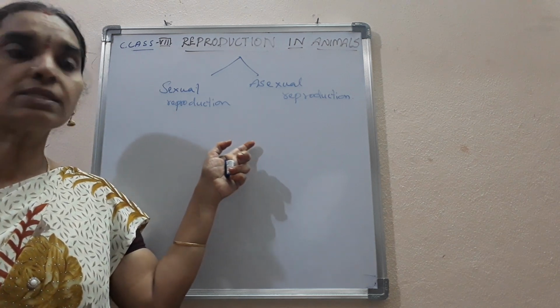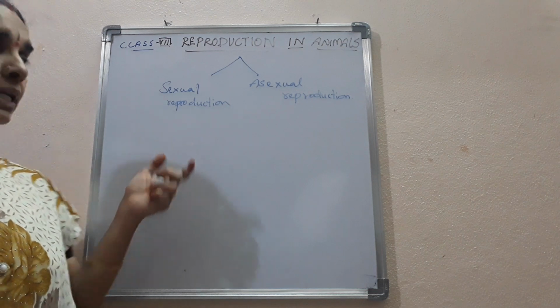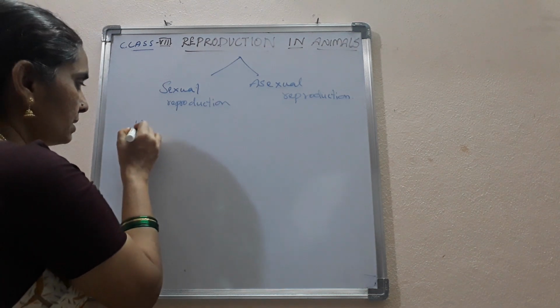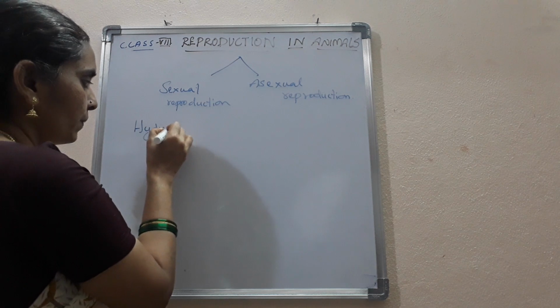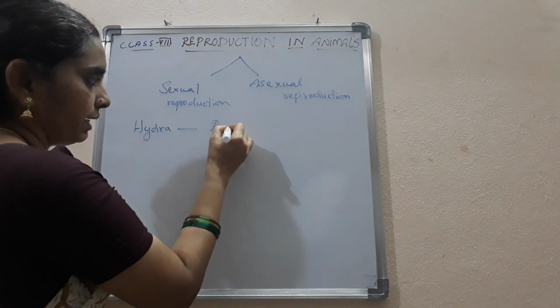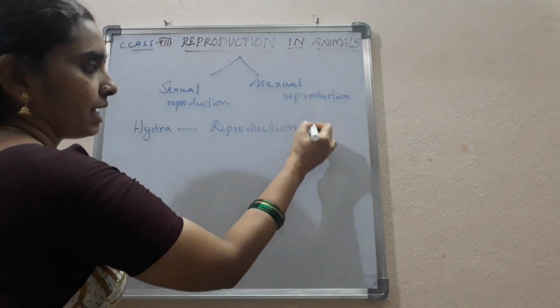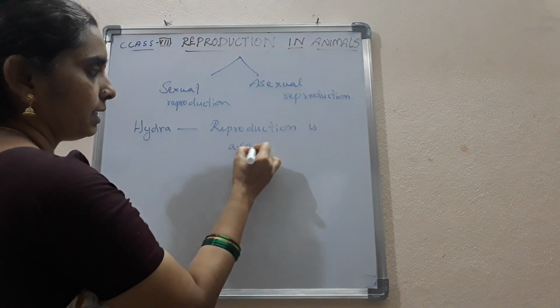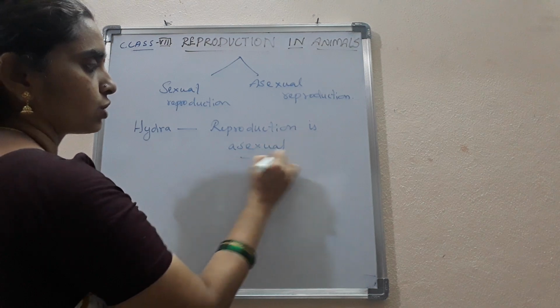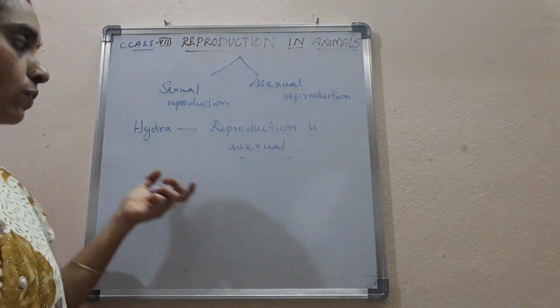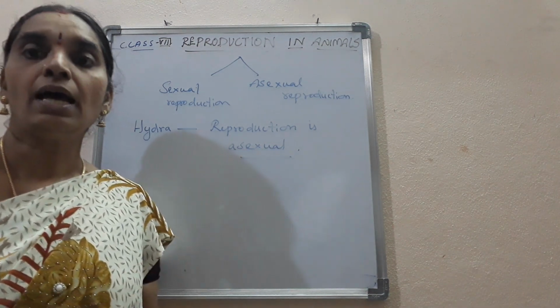So for the case of the hydra, I'll say now, how does reproduction take place in hydra? Reproduction in hydra is asexual. No fusion of gametes takes place in hydra.